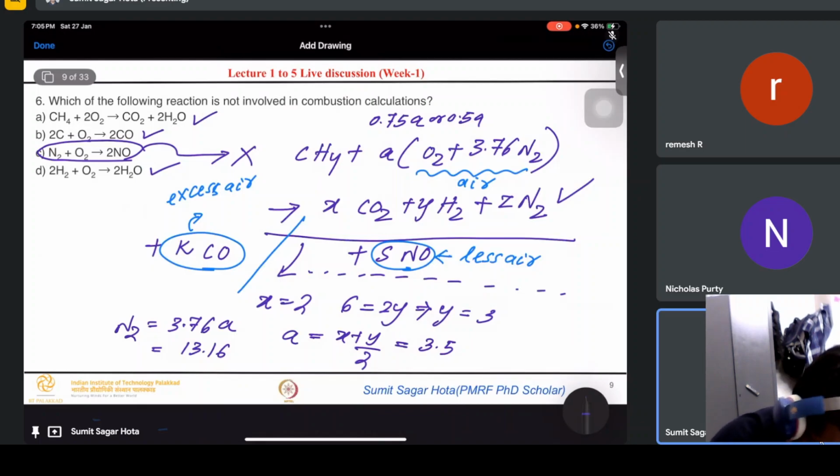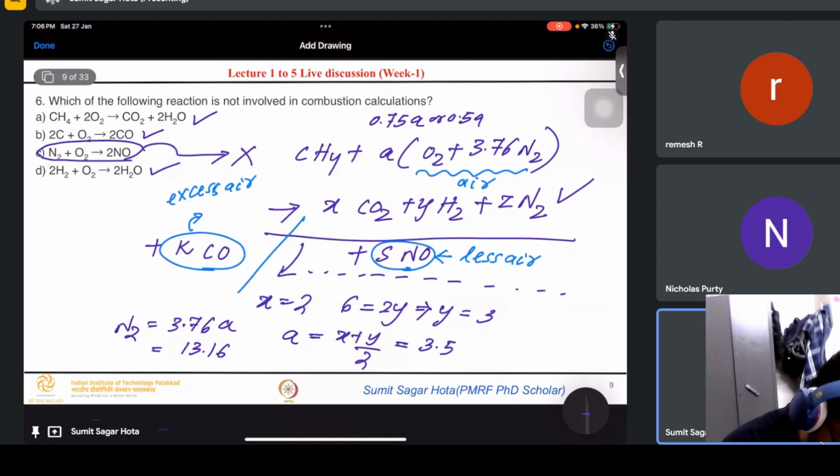Maybe in your future you can see this as an elementary reaction, where N2 plus O2 reaction is also possible. There are two kinds of reaction: global reaction and elementary reaction. I think you have this in the chemical kinetics chapter. But when you go for the elementary reaction, this option C will be correct.